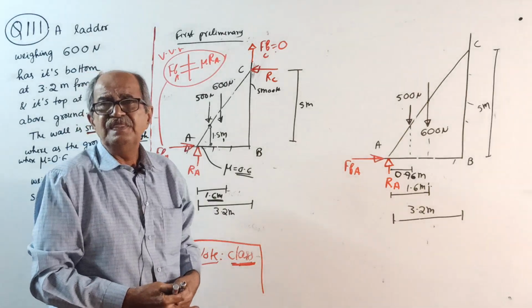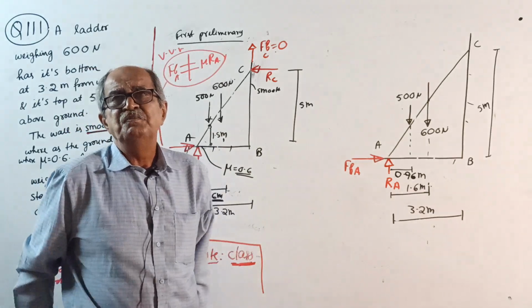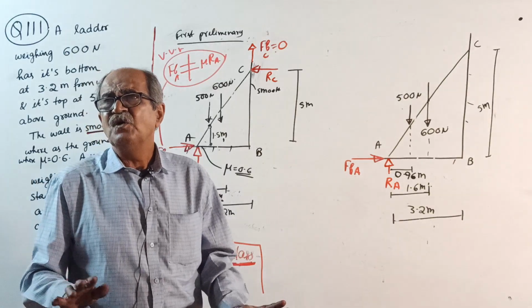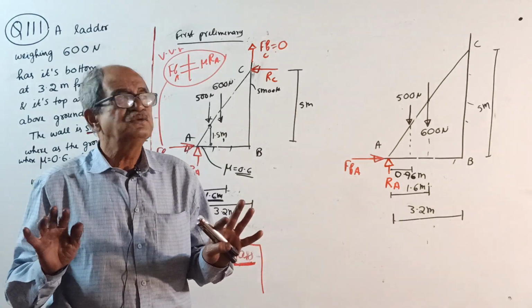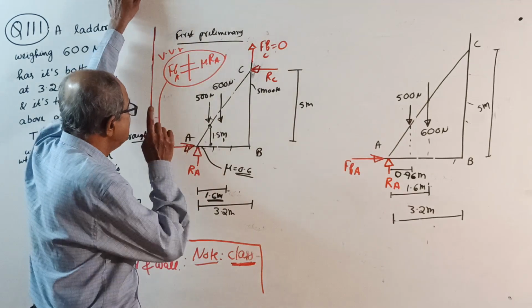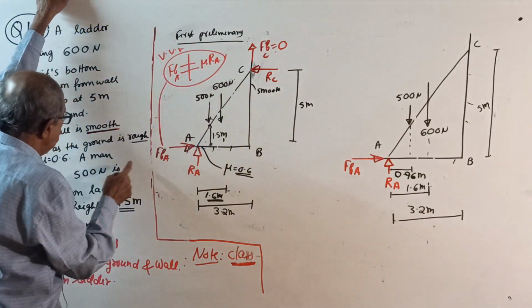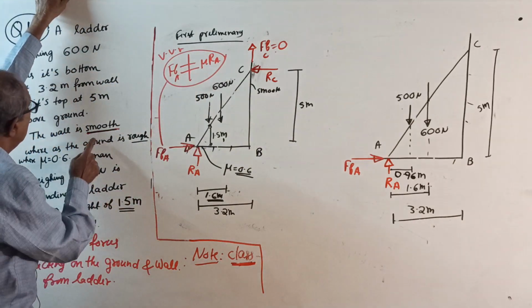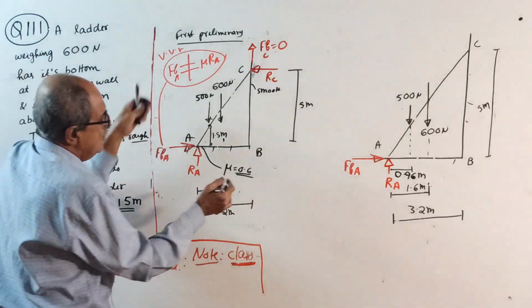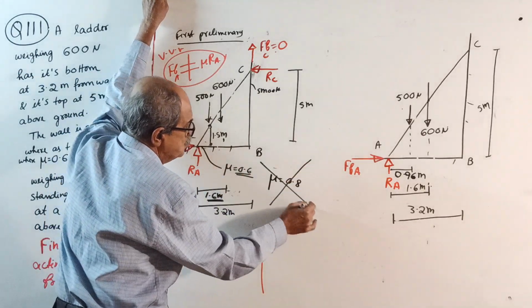It is anything. That means in the question given, when they tell a man is standing there, 100% it is a case of equilibrium and the limiting stage has not been reached. Only when the limiting stage is reached, this FF will become mu RA. Mu given is 0.8. Therefore, that mu of 0.8 is of no use to us.